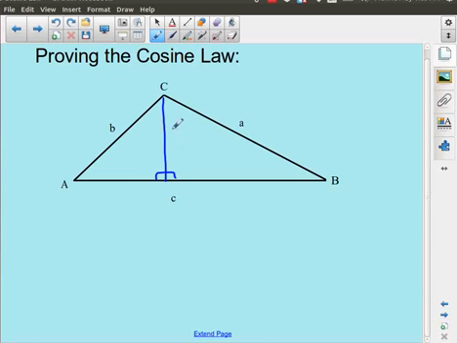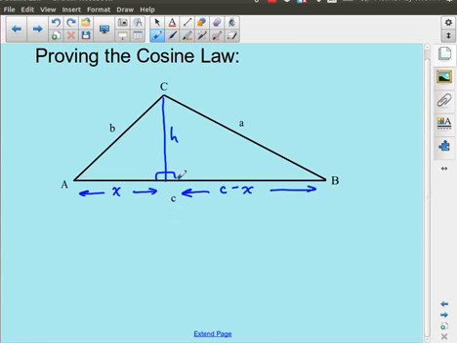Okay, so once again, we've got our h value in between here. And I need to incorporate this length c. So I'm going to call this a variable x, and I'm going to call this c minus x. So from here to here would be c minus x. From here to here it would be x. We've actually done an example like this in class before where you have to do this kind of splitting things up.